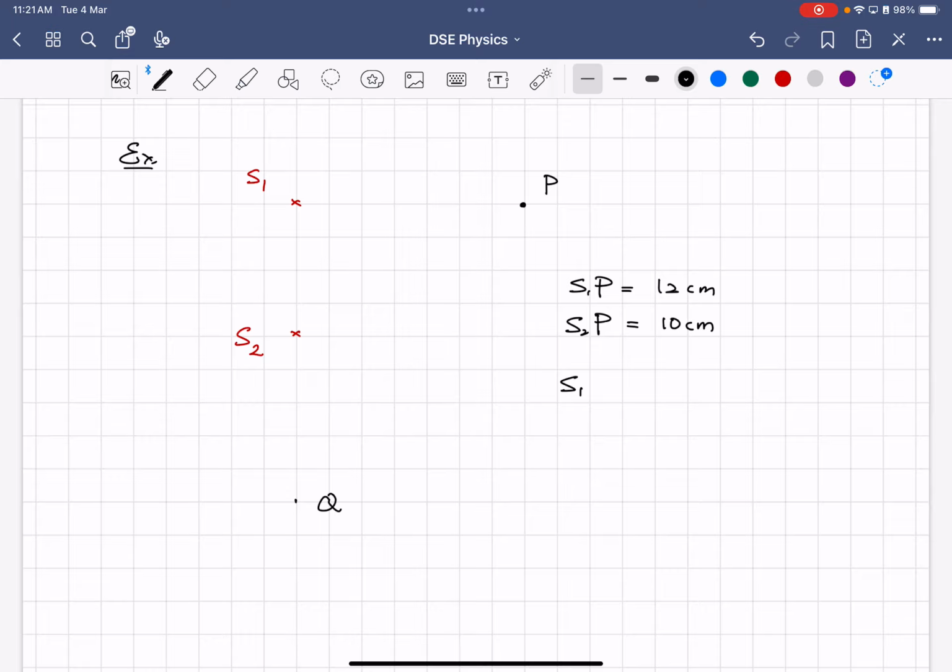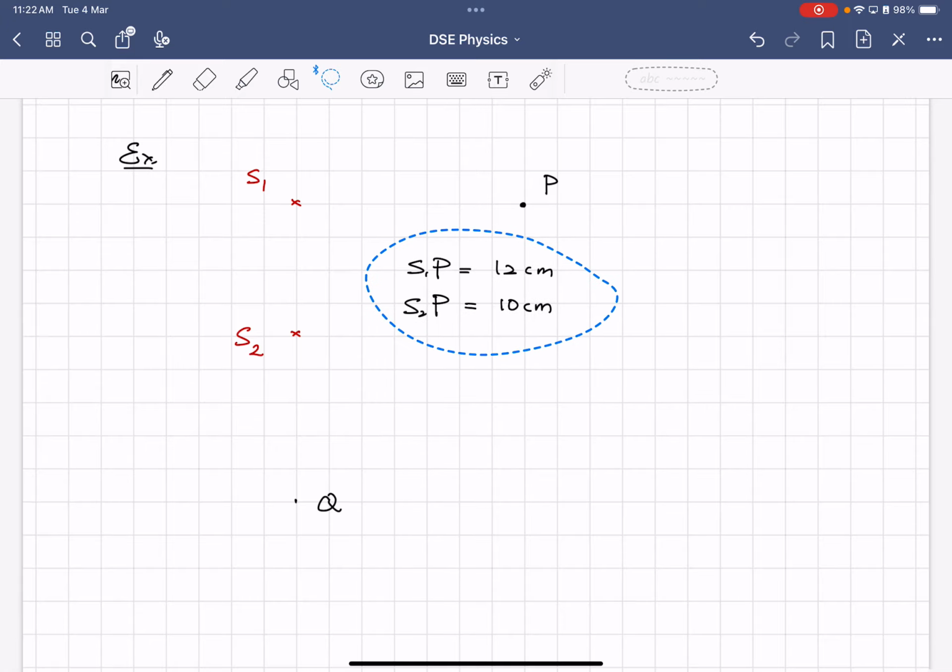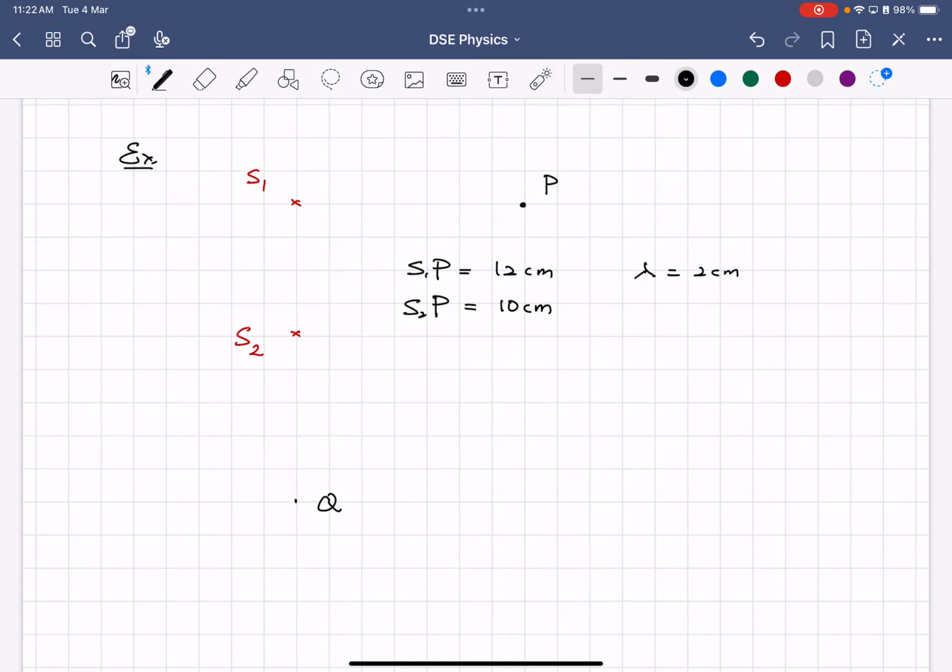And then S1Q is equal to, let's say, 30 centimeter, and then S2Q is... Okay, S1 like this, and then I tell you that the wavelength is equal to 2 cm.